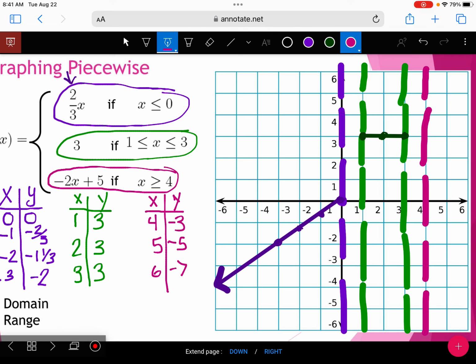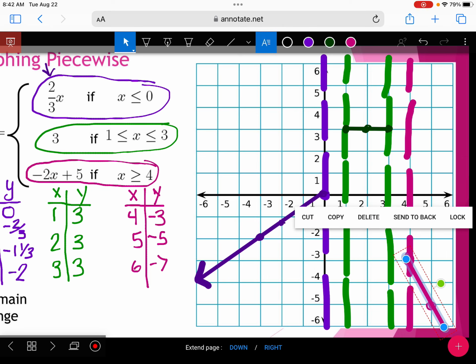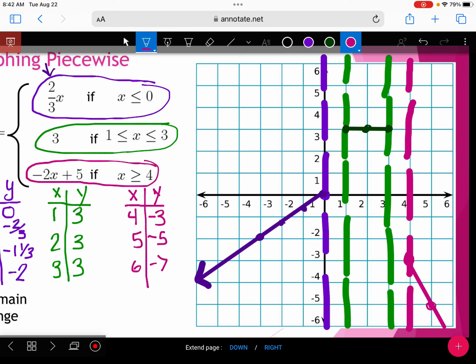Okay, plot our points. 4, -3. 5, -5. 6, -7 is off the graph, but it gives us enough information to get our little piece here.